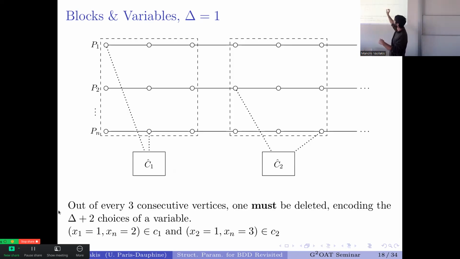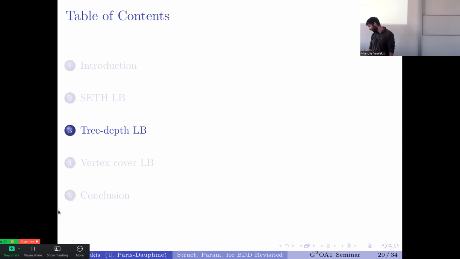We have this block gadget here connected with the immediate next block gadget there, and so on. And again, we have these constraint satisfaction gadgets. So that's it for this. I hope that it's kind of clear. I mean, there is not a lot of novelty, in the sense that we do not use a new technique. It's just about finding the correct gadget.